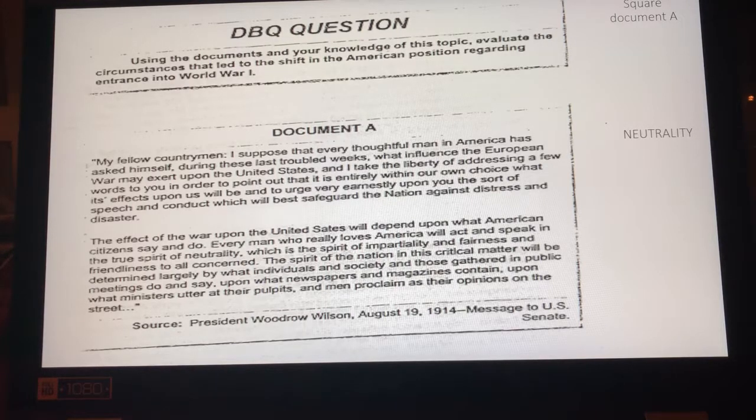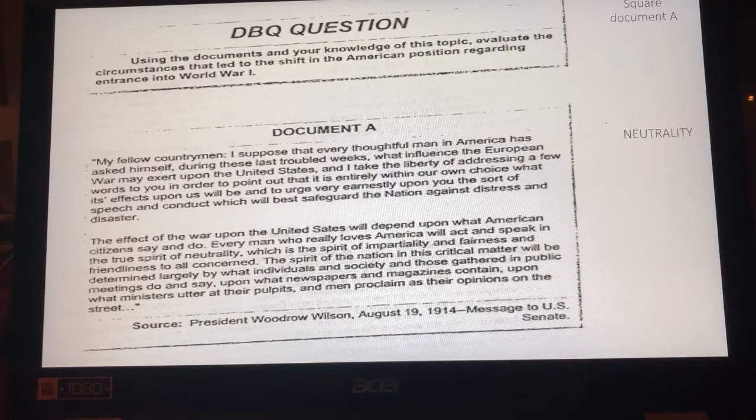I just put this as our neutrality document. Because this document and most documents, if we ever see this on World War I, it's always going to ask us what caused America to shift into getting involved in World War I. And it's neutrality. And we could correlate World War I and World War II in the same manner. We all start off as neutral.